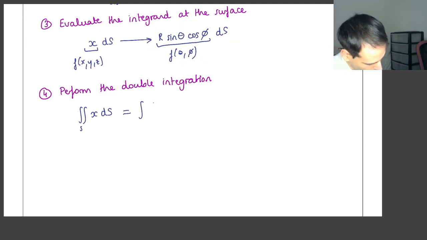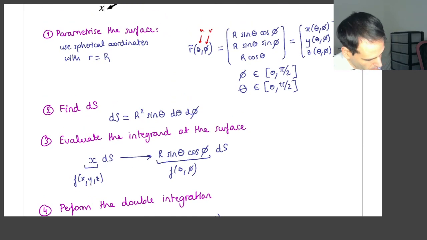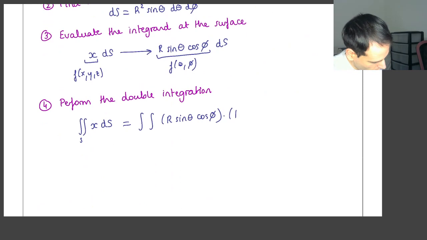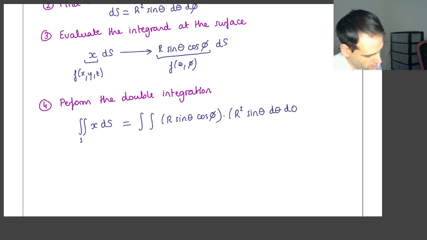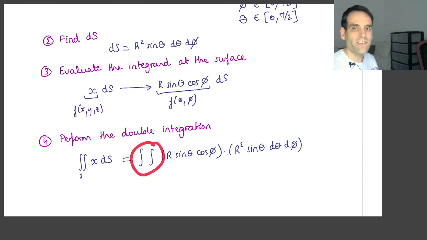This is the double integral of r sine theta cos phi times ds, and ds we take from the second step, r squared sine theta d theta d phi. Notice how the fourth step gets information from the third and second steps, and even from the first step, because now we have to write the limits of integration.